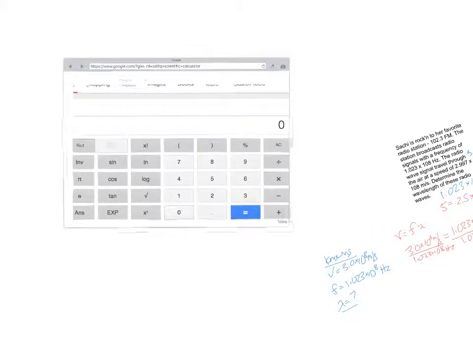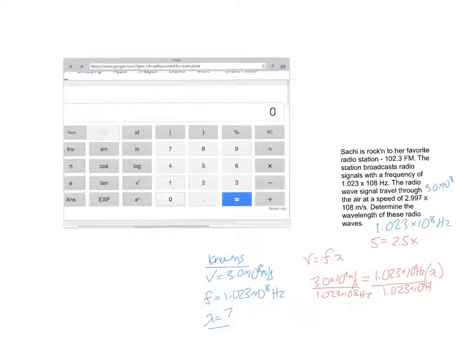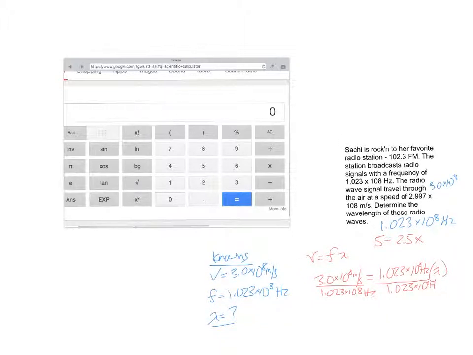There we go. You can see that there is this exponent button. So if I want to do 3.0 times 10 to the 8th, I type in 3.0, I hit exponent, which gives me the E. On your calculator, you might have a button that says 10x or E. You might have to hit the second button. This is the best one. It'll look just like this. So we have 3.0 times 10 to the 8th.